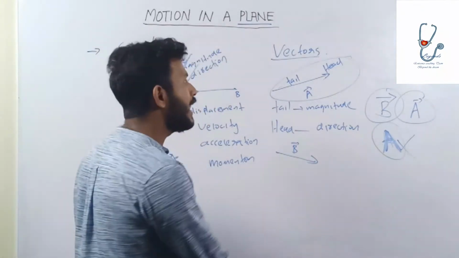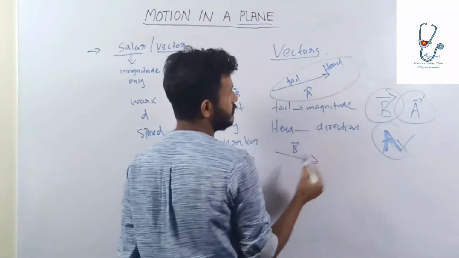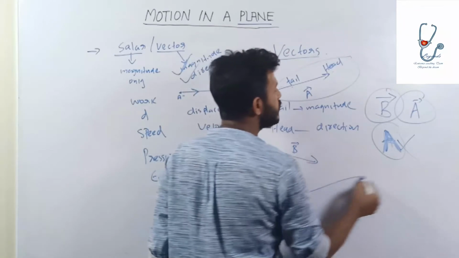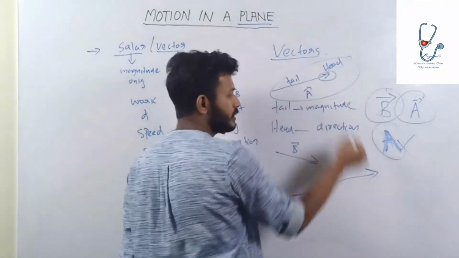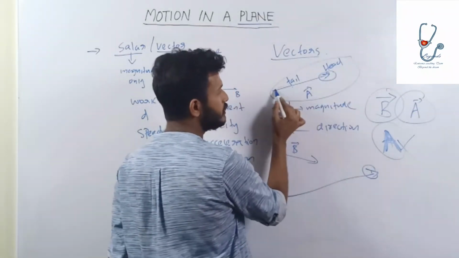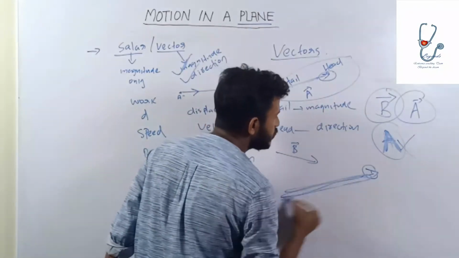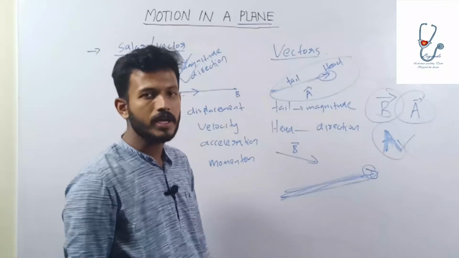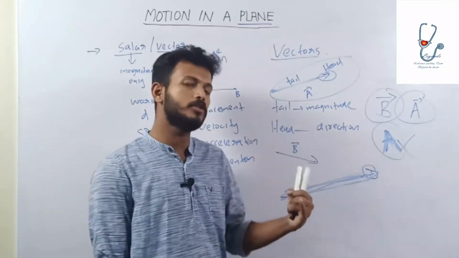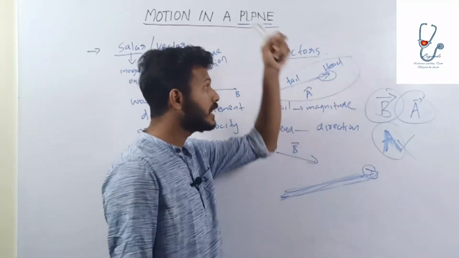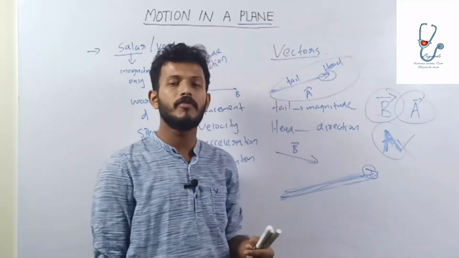If the magnitude of this vector increases, we increase the length of the tail, not the direction. Direction is the same, but the magnitude increases, so the length of the tail will increase. So the tail represents magnitude and the head represents direction of the vector.